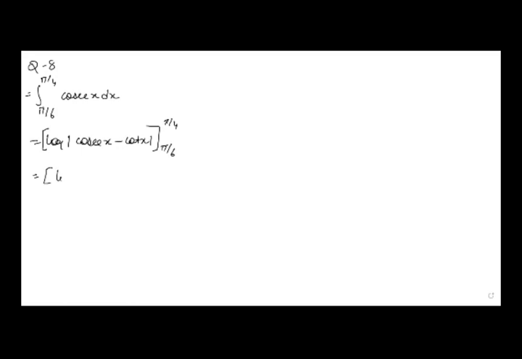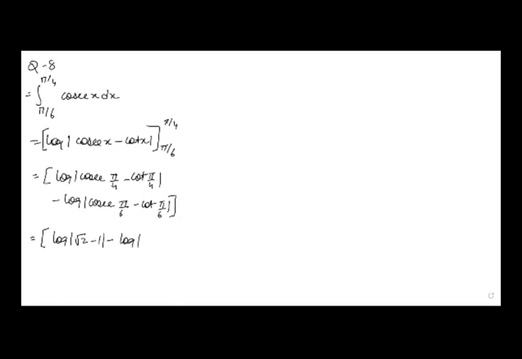We give the value of x as pi by 4, minus log, this is log root 2 minus 1, minus log this is 2 minus root 3 plus, that is bracket over.